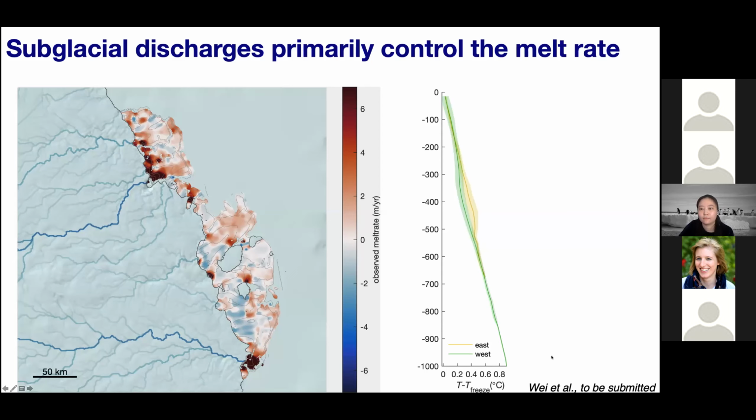If you go over to the east side, you see all that discharge and a bunch of melt. But then it looks like the coastal current is sweeping that fresh water under the ice shelf.